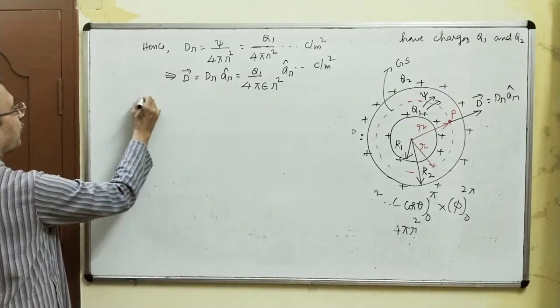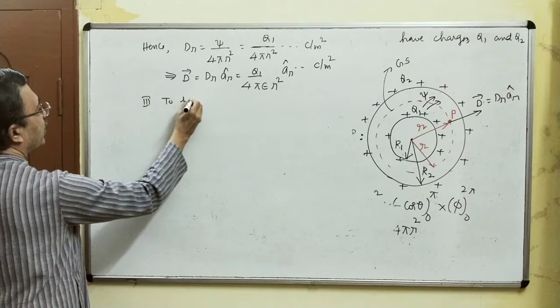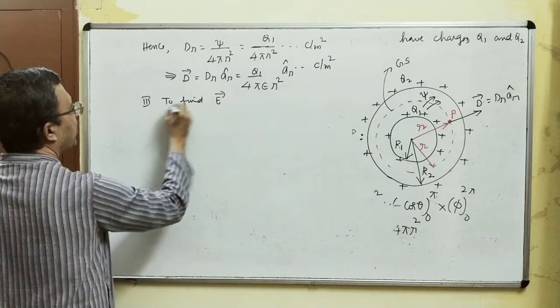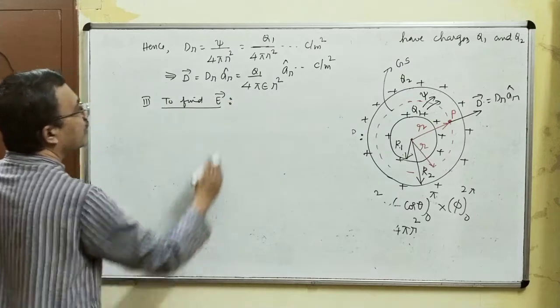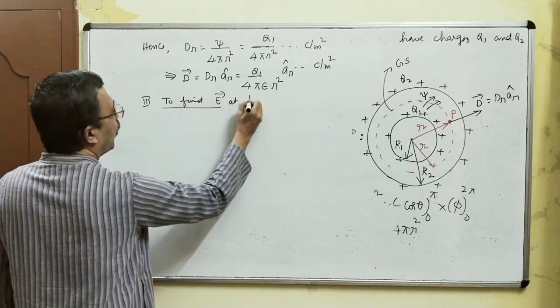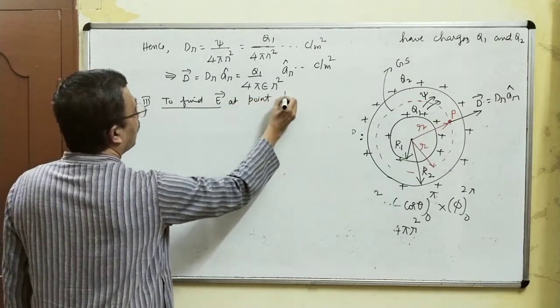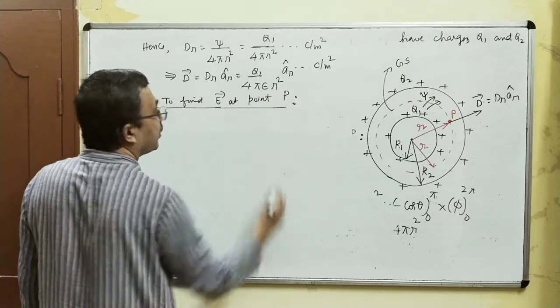Third step, to find vector E at point P. This is step number 3.